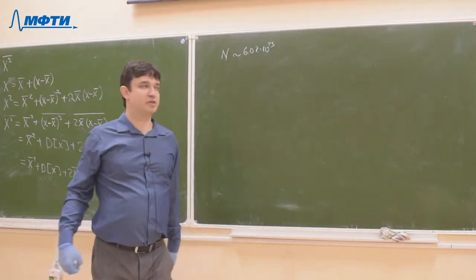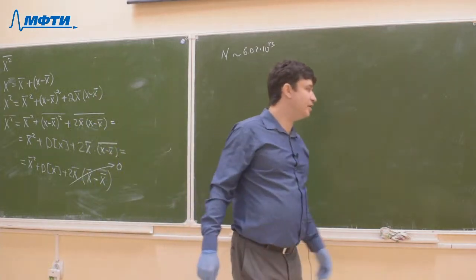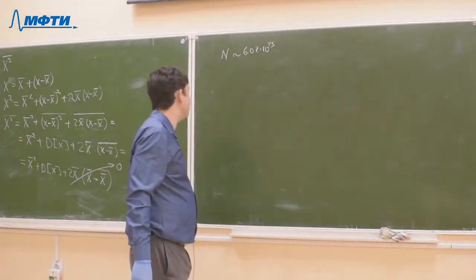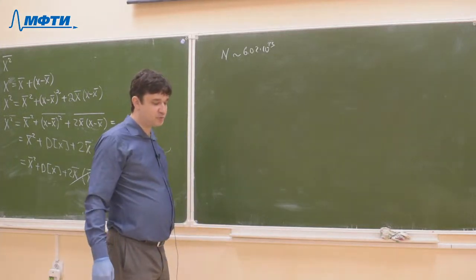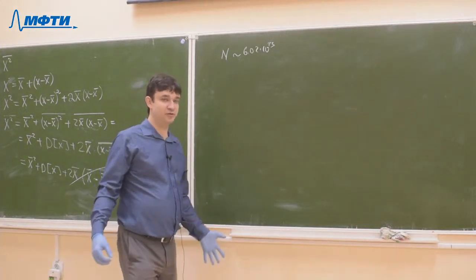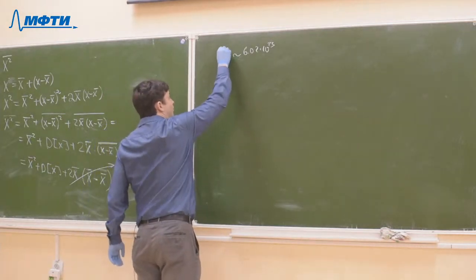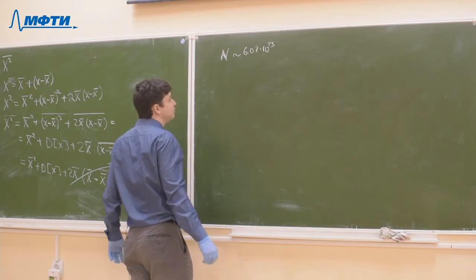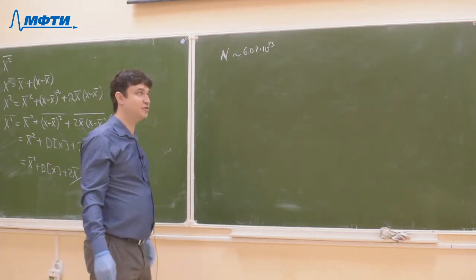Of course, we are not restricted to this value, but this number gives you a meaning of a huge number of molecules. And let's say for each of these molecules we calculate something meaningful. Let's say we calculate the kinetic energy of the molecule.